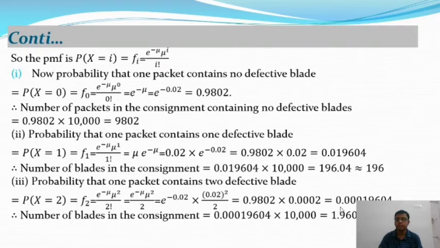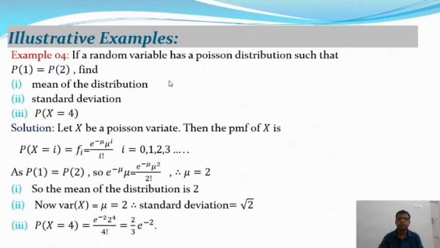From this we get the probability that one packet contains two defective blades as 0.00019604. Therefore the number of packets in the consignment, that means in 10,000 packets, is 1.9604, which is approximately 2. So the number of packets containing two defective blades is 2. Okay. After that we are going to take one more example on the Poisson distribution.